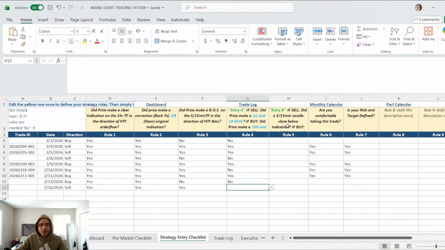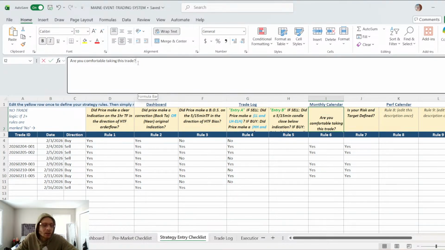While that does that, I'm going to take this out because I want to eliminate emotions, especially around entry moments.